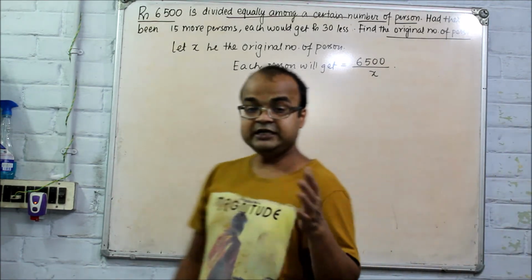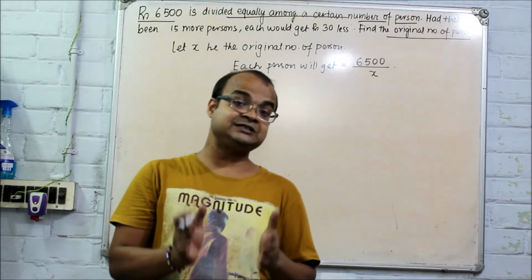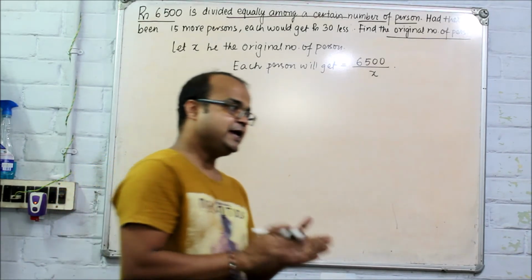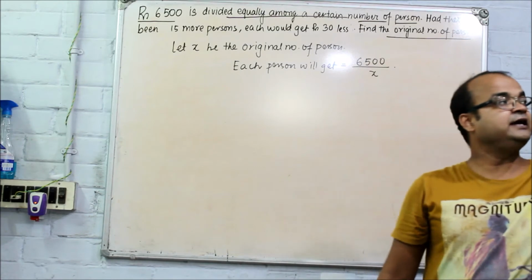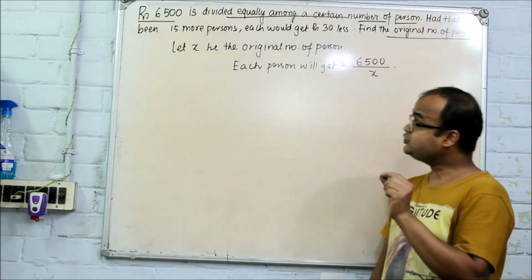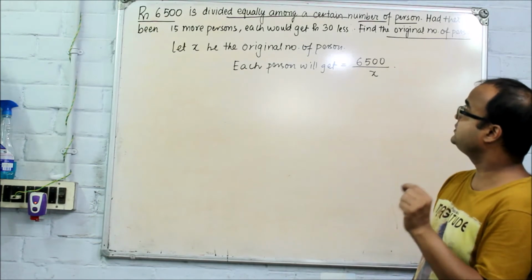That means if the number of persons increased by 15, from x to x plus 15, then each would get rupees 30 less.